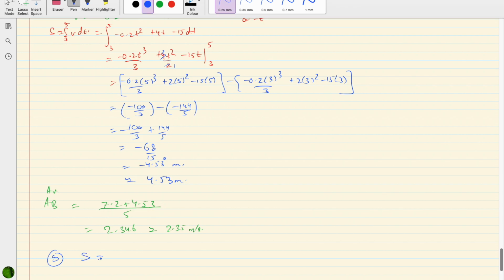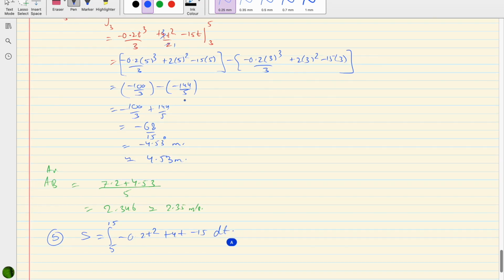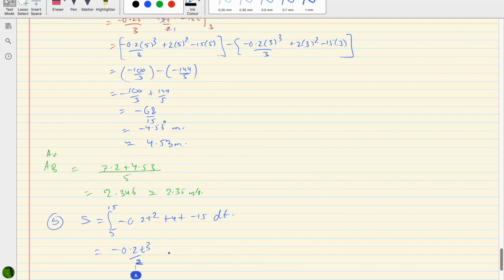Okay, so displacement is equal to, now the limits are from 5 to 15, negative 0.2 t square plus 4t minus 15 dt, and I'm copying it directly, we've already integrated it. So that would be negative 0.2 t cube by 3 plus 2t square minus 15t, from 5 to 15.